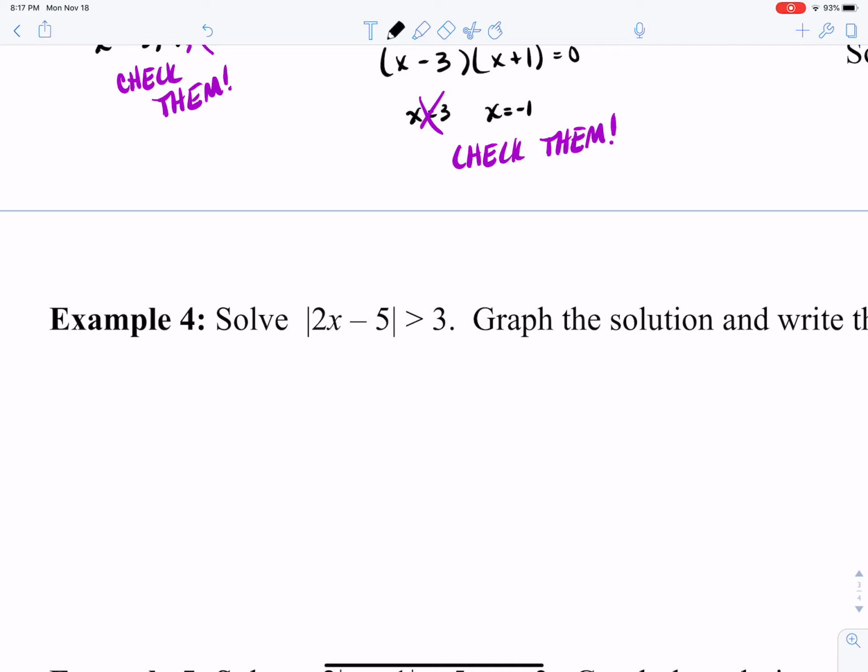And so there are a lot of numbers that satisfy that inequality. So I need you to recognize that our answers to these are going to look a lot different than the answers we got to just an absolute value equation.